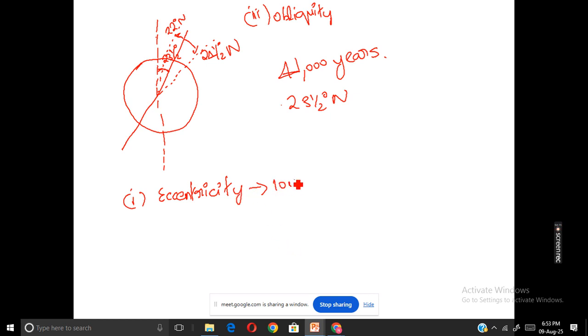To complete one cycle, it takes 100,000 years, which means during half of the period, it will change from a complete ellipse to a circle, and then in the other half of 100,000 years, it will change from circle back to ellipse. That is eccentricity. The second one is wobbling, the change in the direction of the axial tilt. This happens every 23,000 years.